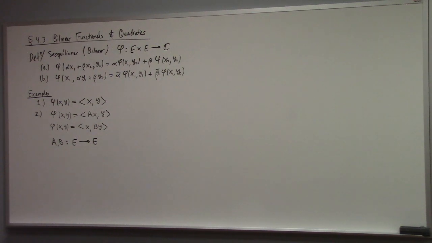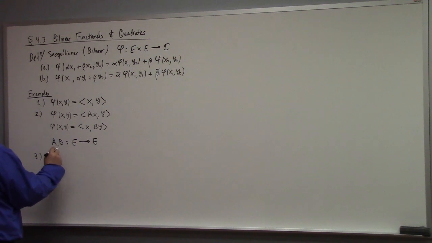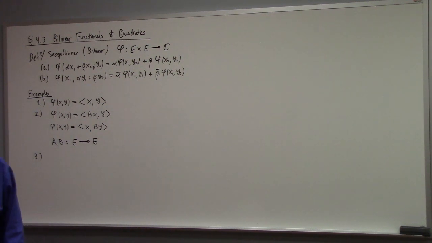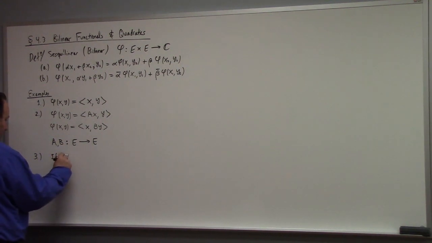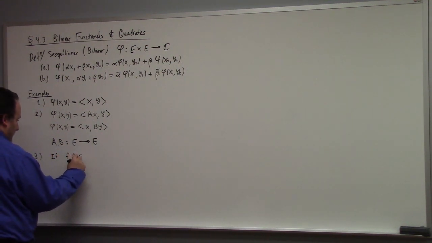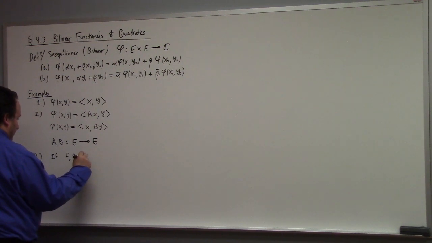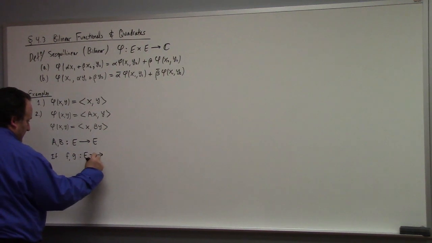Another example he gives is, well, if you have F and G are mappings from E to C, right?